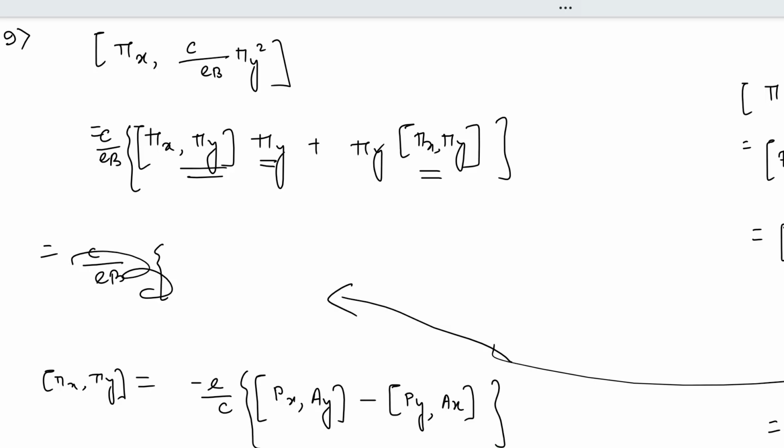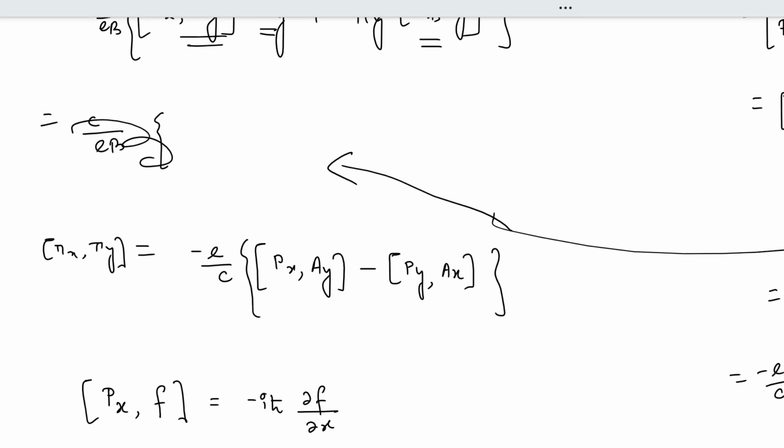And you know that if you have any px, if you take it with commutator bracket with some function f, then it will be giving you minus i h cut del f del x. Similarly, if you have any py and if you have any function f prime, you will be getting minus i h cut del f prime del y.